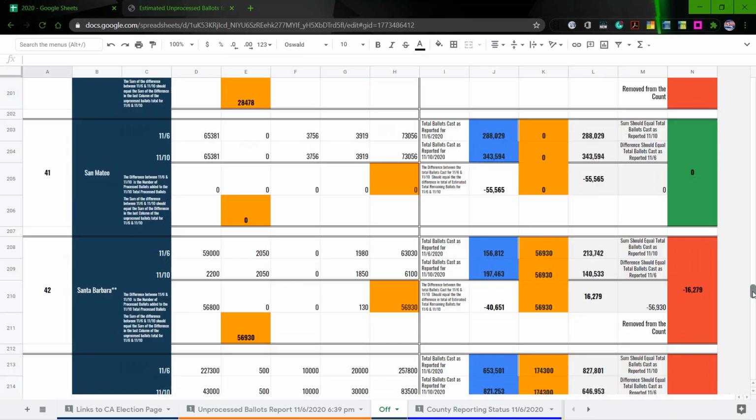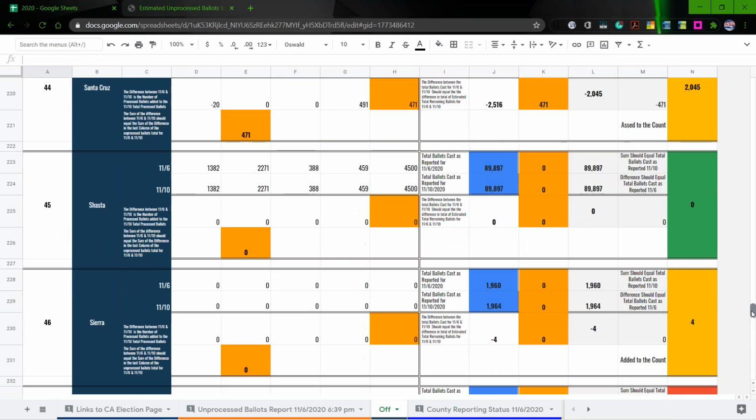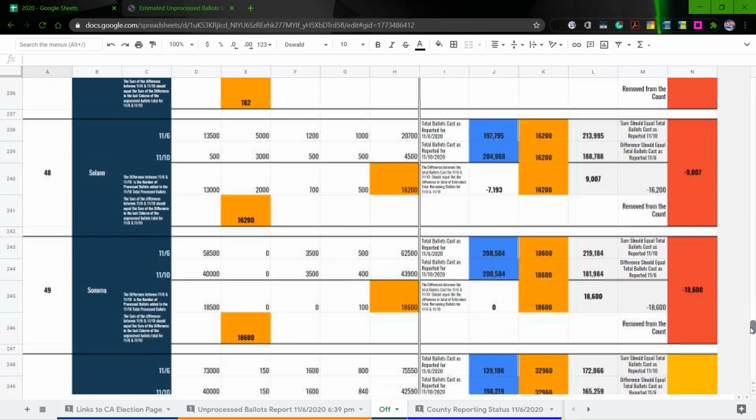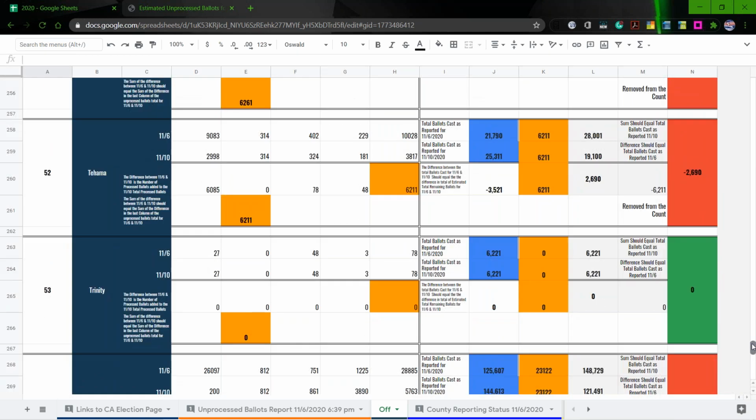We need an explanation for this, because right now, from the numbers I'm looking at, from the information I recorded, there is a serious problem here. There's no reason. These numbers should all equal. There is no reason why we should be having ballots removed or added to the count. Like, what is going on? We deserve an explanation.